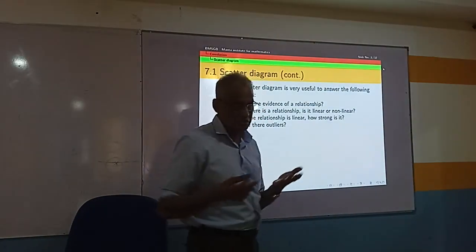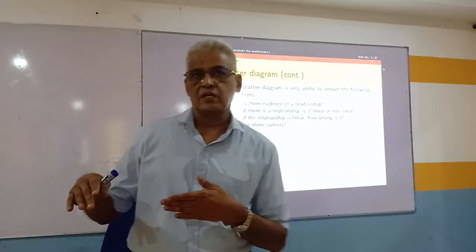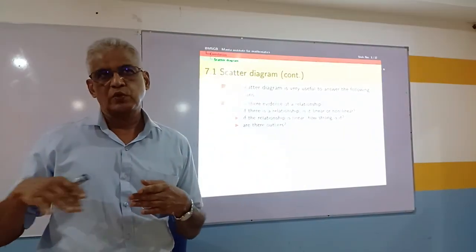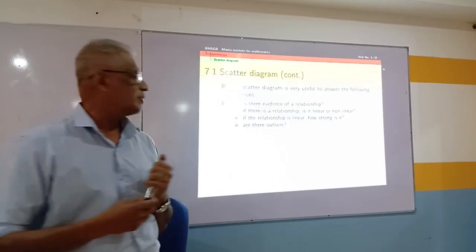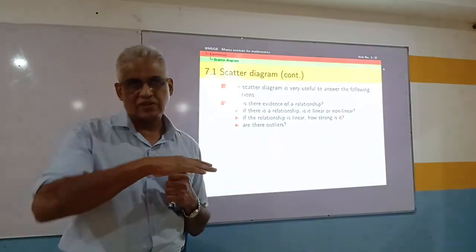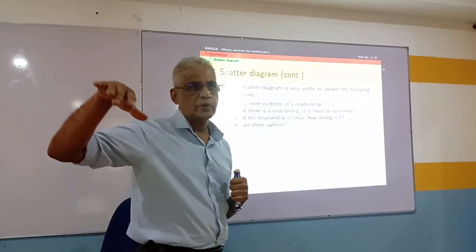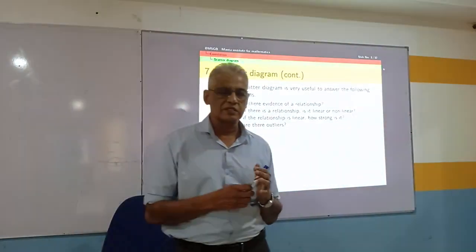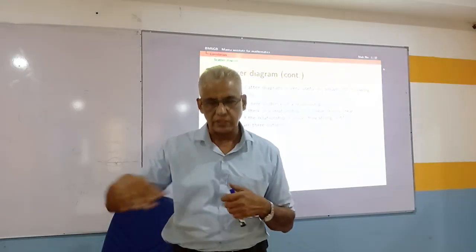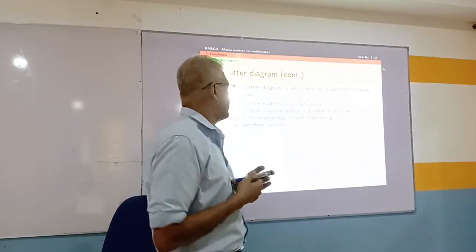If there is a pattern, does it look like a linear pattern or a non-linear pattern? Linear pattern means here a straight line. So whether the points are close to a straight line, around a straight line, or whether they are close to some other curve type pattern.